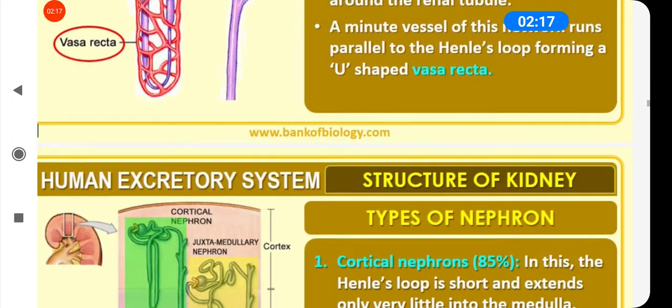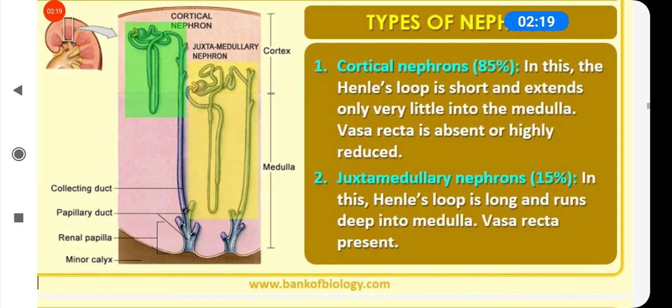Now coming to the cortical region and the medullary region, some are cortical nephrons and some are juxtamedullary nephrons. In cortical nephrons, the loop of Henle is very short and extends only up to a certain point in the medulla. Vasa recta is absent or highly reduced.